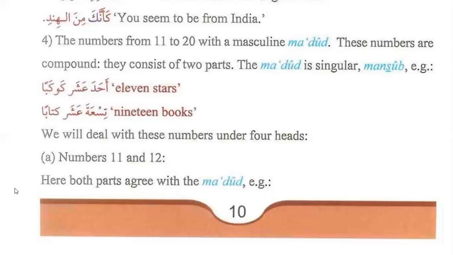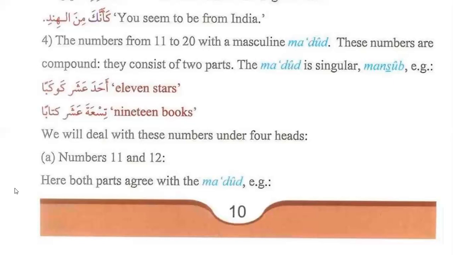From 3 to 10, the madud is jam' majroor. Thalathatu tullabin, yes. Thalathatu tullabin, arba'atu tullabin, khamsatu tullabin, sittatu tullabin, sab'atu tullabin, thamaniyatu tullabin, tis'atu tullabin, ashratu tullabin.